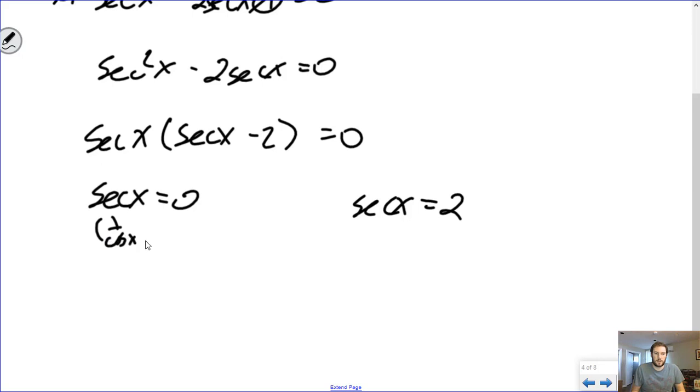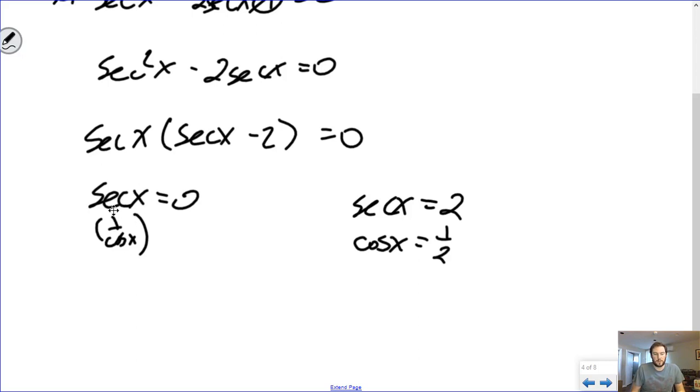What I could do here is say, when does cosine x, taking the reciprocal of both sides, equal 1/2? And that might make things a little easier for us to solve.